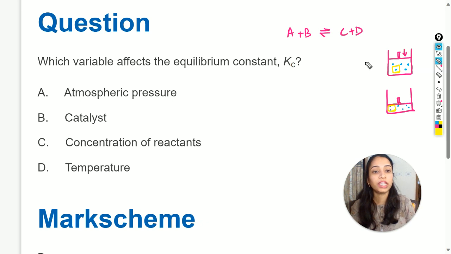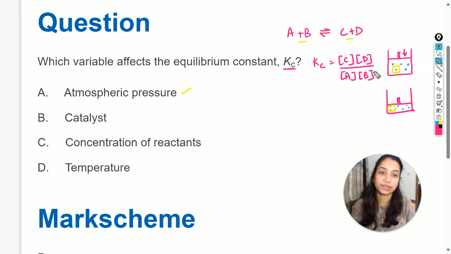So it will counteract this change in pressure, and that's why the concentration of the reactants and the products remains same. And this value of the equilibrium constant Kc is the ratio of the concentration of products and the reactants. So if the concentration of the products and the reactants remain same, the Kc value will also remain same.